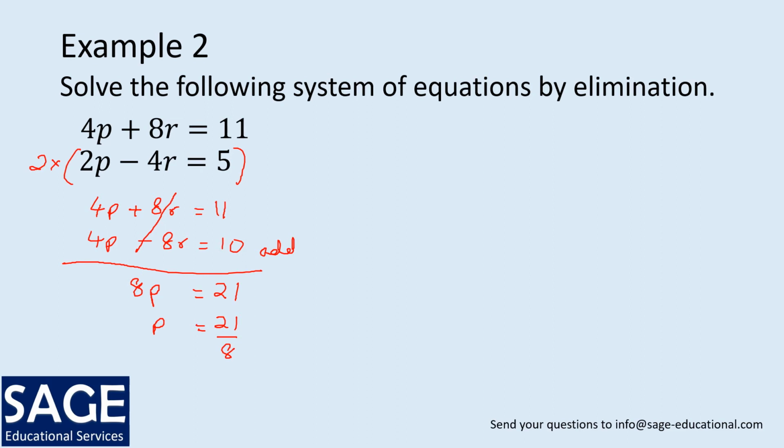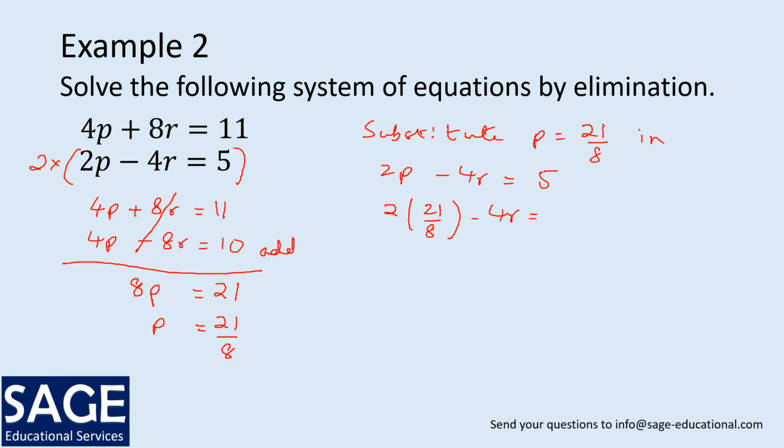So I'm going to substitute p is equal to 21 over 8 in 2p minus 4r is equal to 5. So 2 times 21 over 8 minus 4r is equal to 5. 42 over 8 minus 4r is equal to 5, and then I can subtract 42 over 8 from both sides.